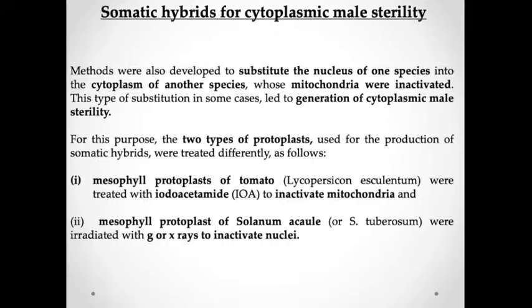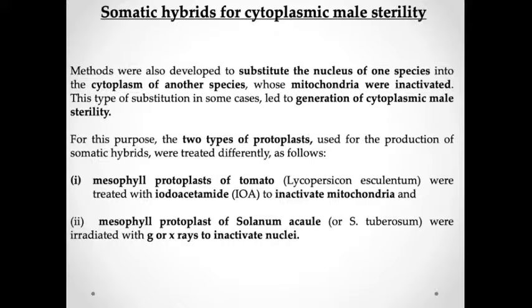What they do in producing cytoplasmic male sterility in somatic hybrids is substitute the nucleus of one species into the cytoplasm of another species whose mitochondria were inactivated, and this type of substitution led to generation of cytoplasmic male sterility.